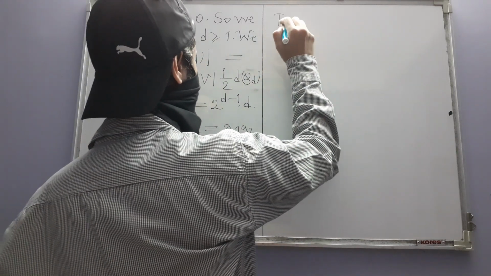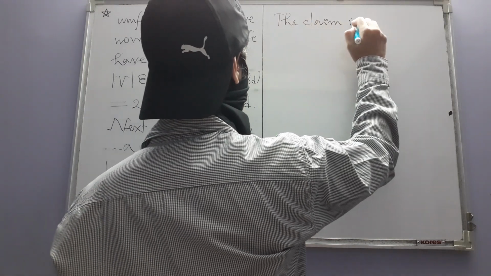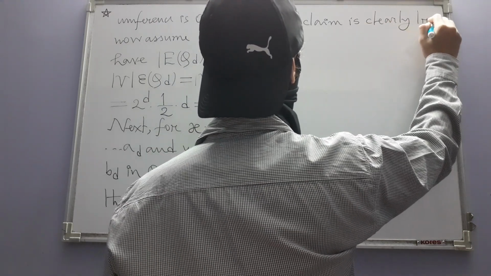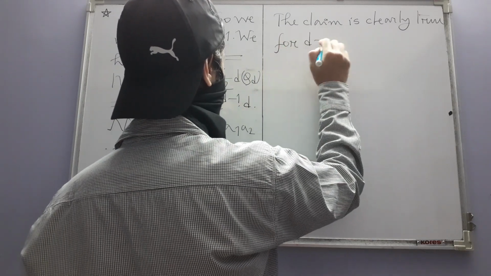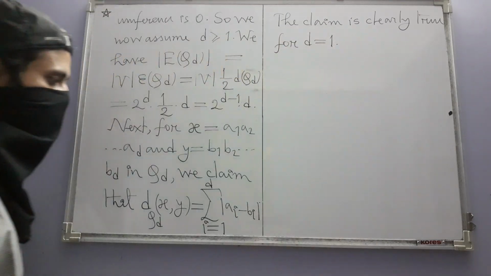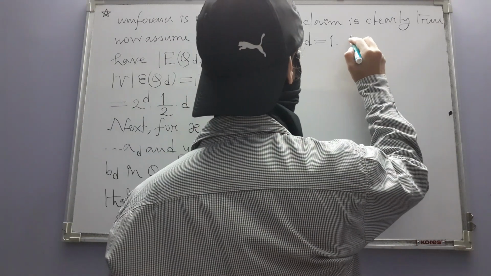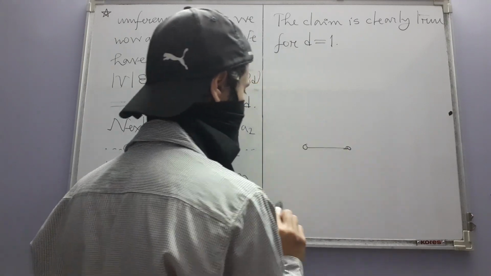The claim is clearly true for d equal to 1. But why? How is it clearly true? You just see it like this without writing anything.